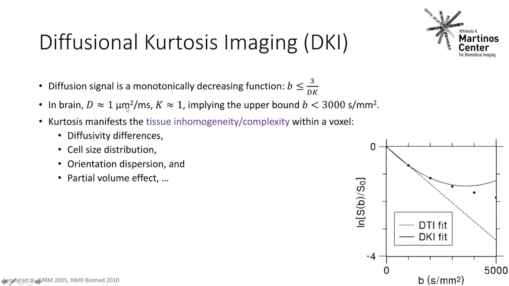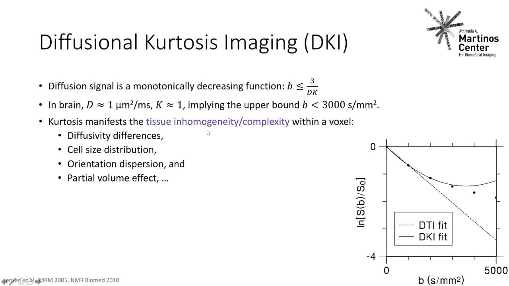In the brain, diffusivity is 1 and kurtosis is 1, implying the upper bound of the b value is 3,000 s/mm². So that's why when we perform DKI measurements in the brain, we usually use b 1,000, 2,000, and 3,000 is borderline already. Because it's actually a parabola function for the log signal, we need to use a b value lower than 3,000.